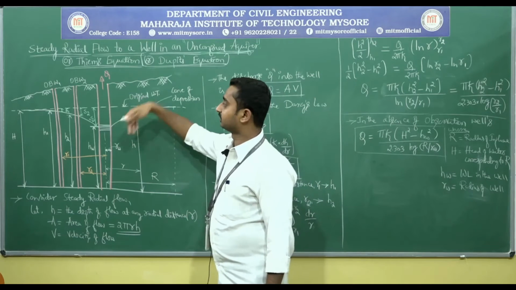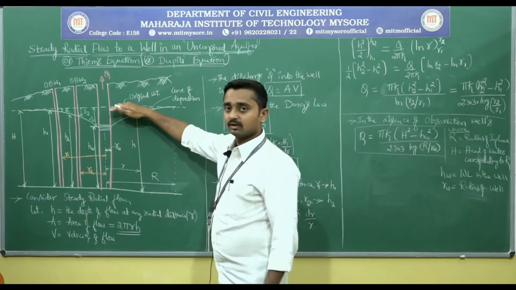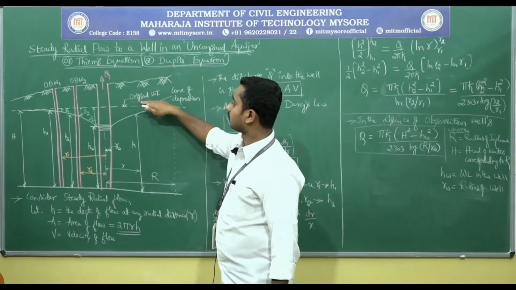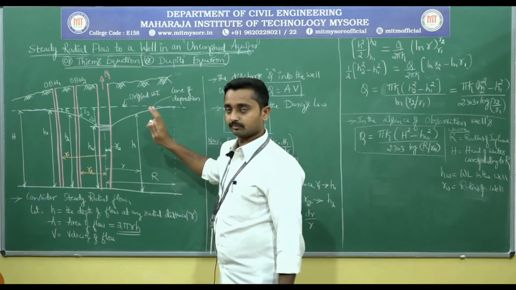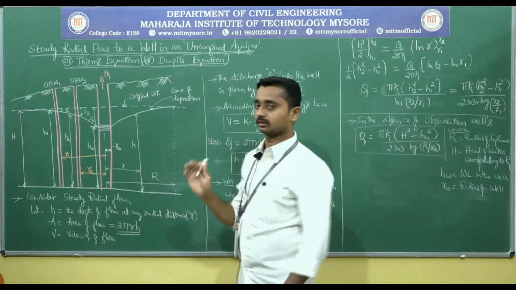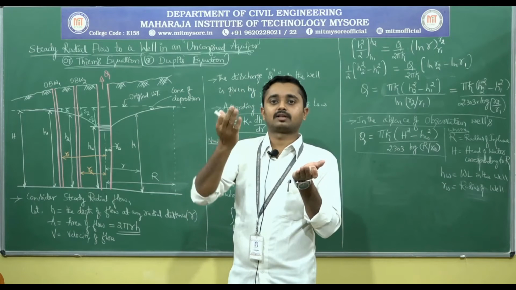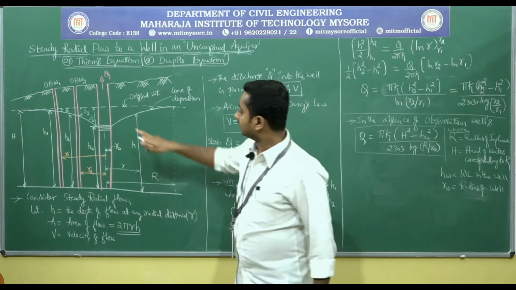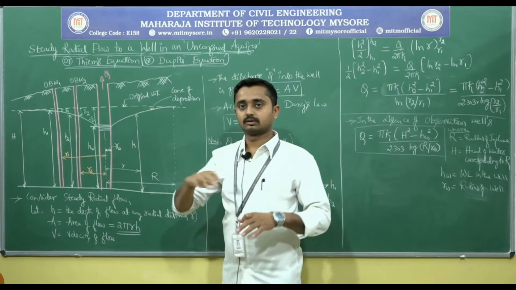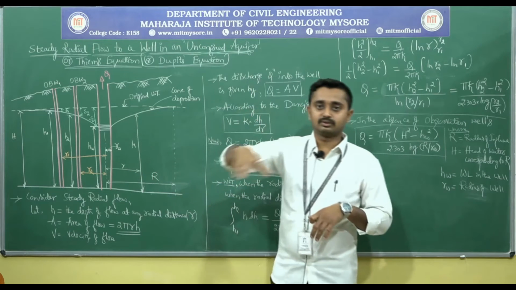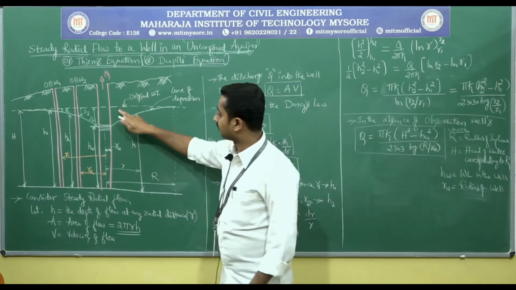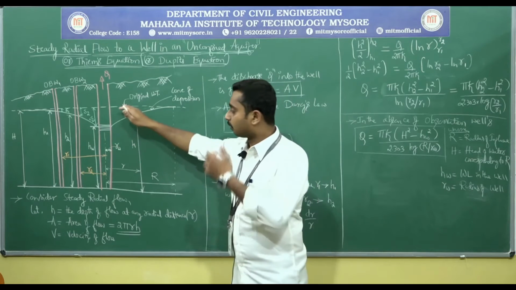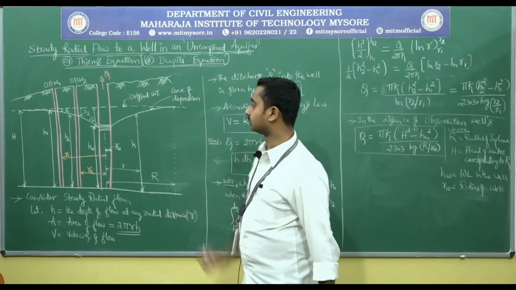Once the pumping starts, the original water level slowly decreases. This is the cone of depression, the area of influence. Around the pumping well, within some area, the water level slowly decreases.